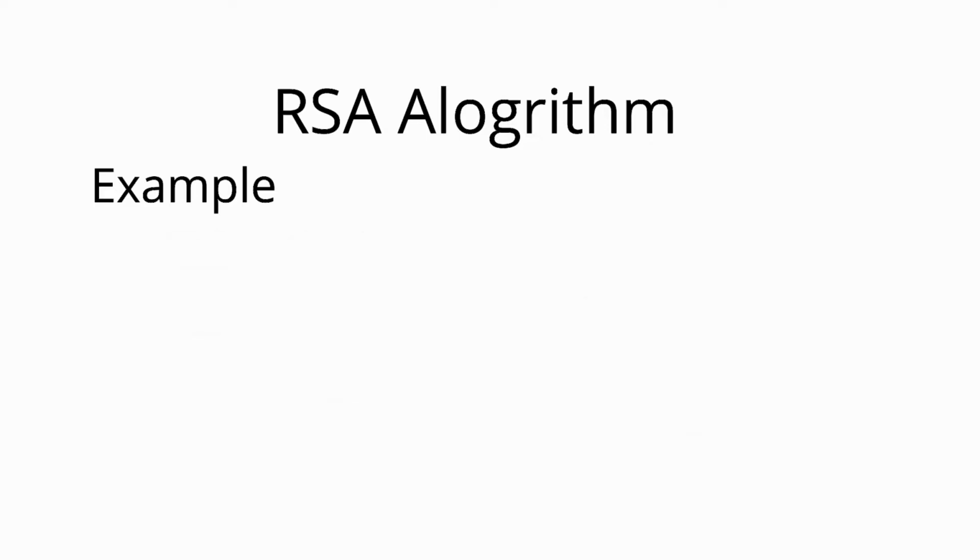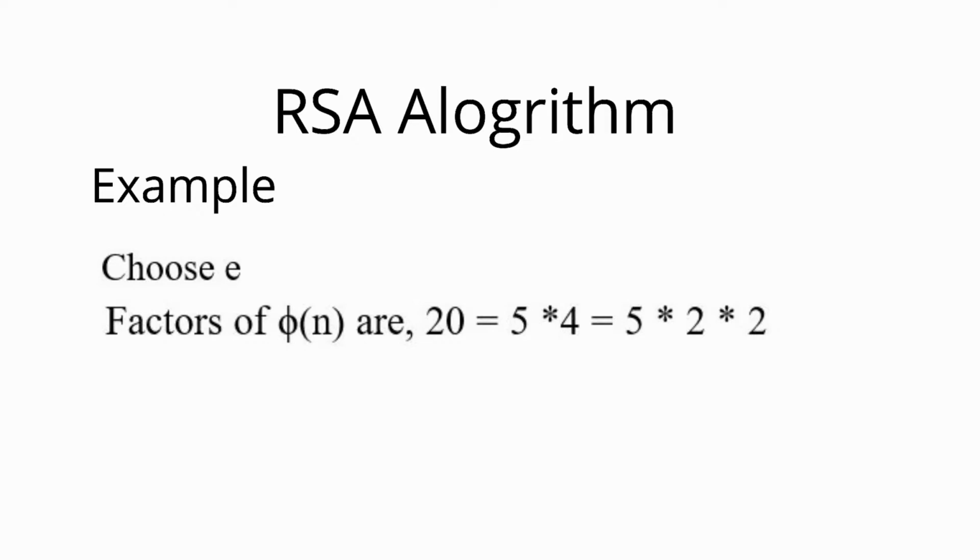Now we need to choose e in such a way that e should be co-prime. Co-prime means it should not be a multiple of a factor of phi n and also not divisible by phi n. The factors of phi n are 5 and 4. Breaking down 4, it gives 2.